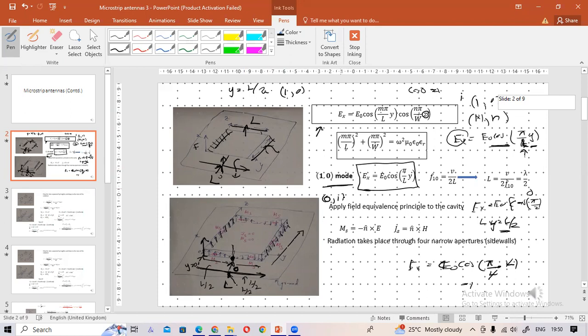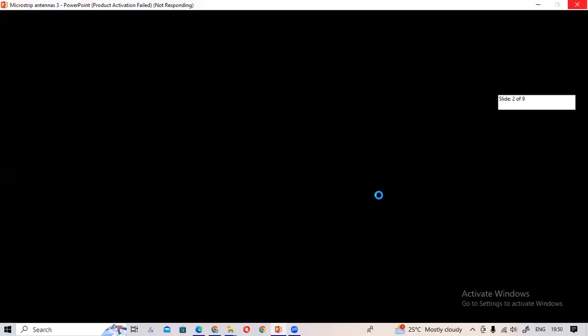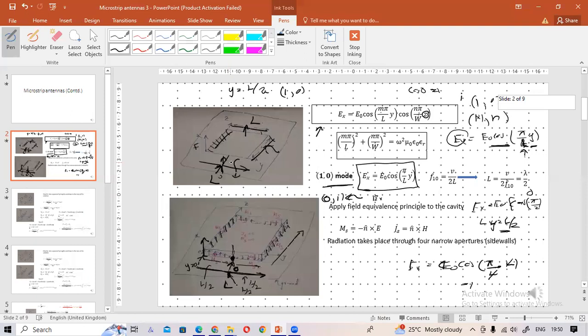That is already found. And if it is 0-1, you have to find what the E-field change is, and also you have to understand in which wall it will be radiating.